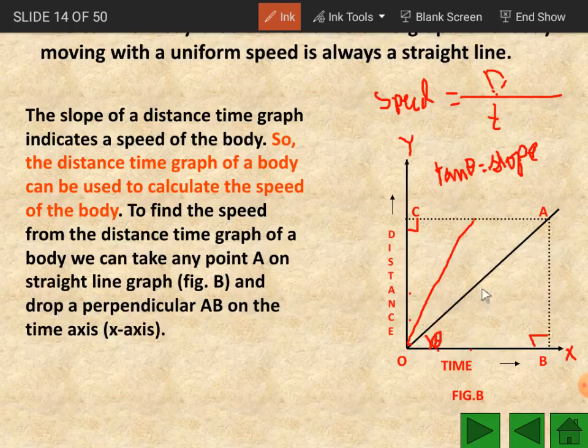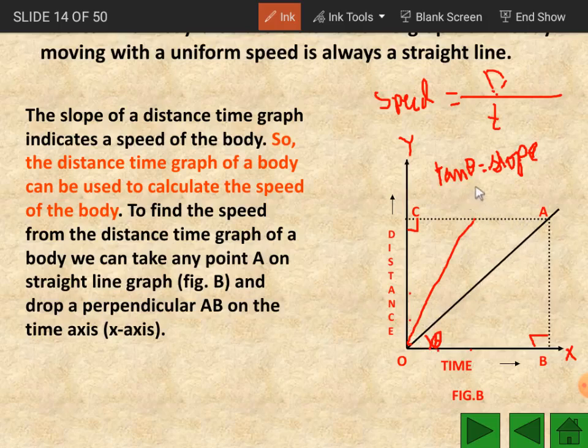This graph represents the uniform speed of one object, and this graph represents the uniform speed of another object. Without calculating from the graph itself, we can easily conclude that the object which this graph represents has more uniform speed than the object which this graph represents. Got it? Like that we can find it out.